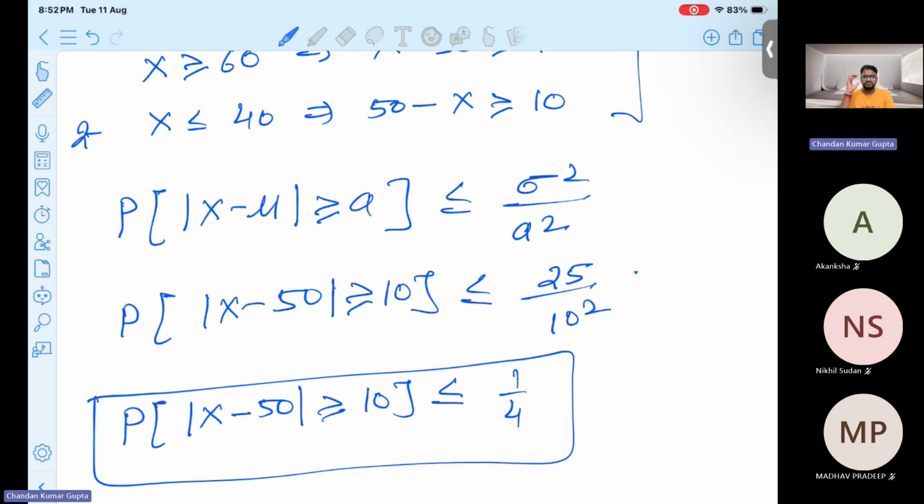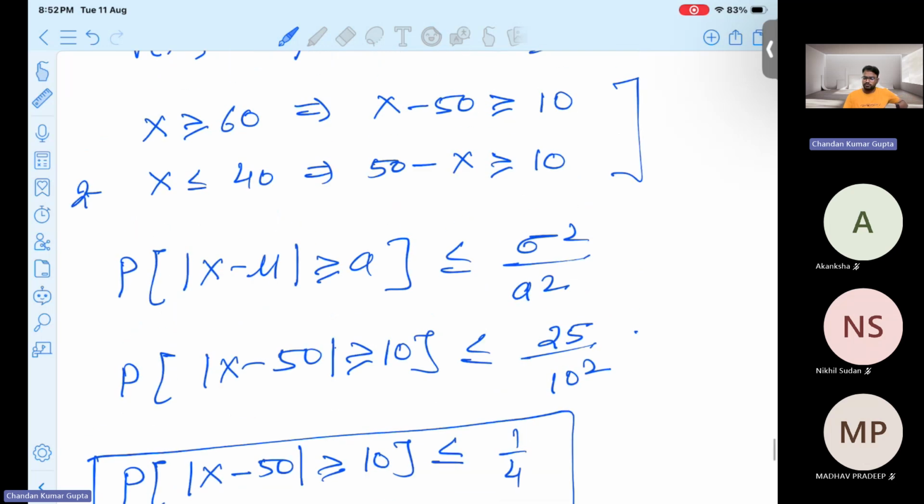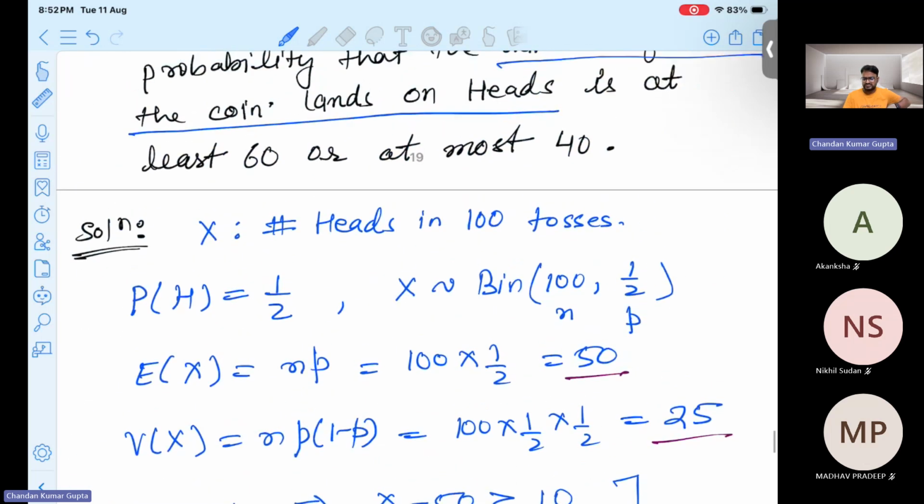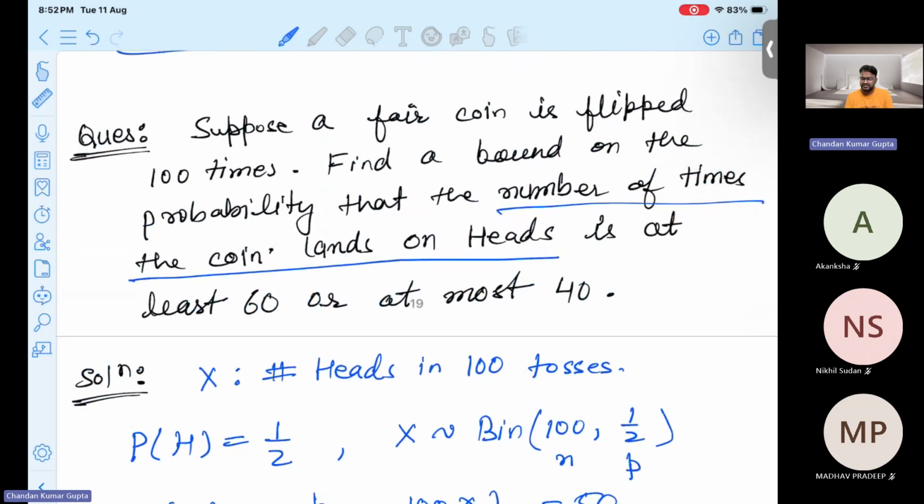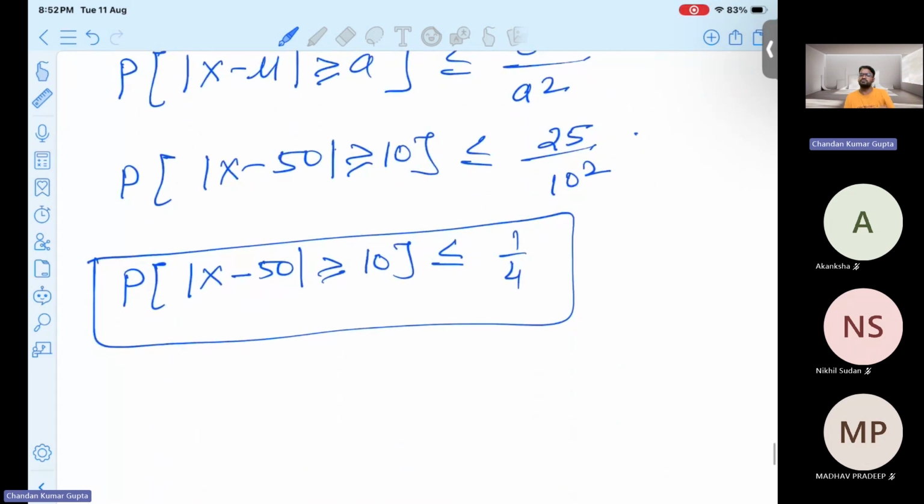So just try to imagine this. The probability that the value of X is at least 60 or at most 40, the probability that the number of heads in a toss of 100 coins is more than 60 or less than 40, has only 25% probability.